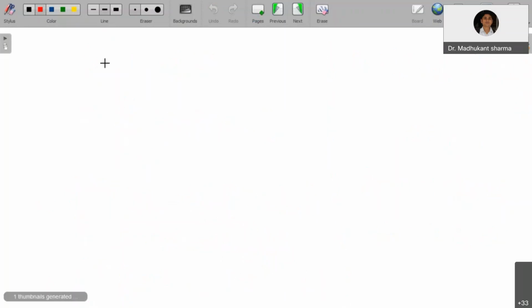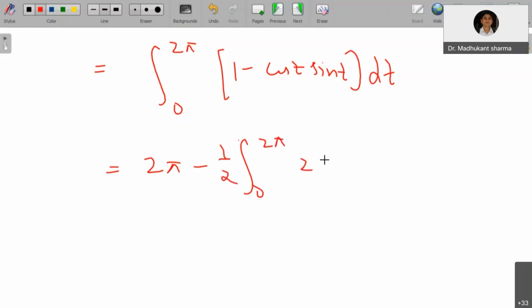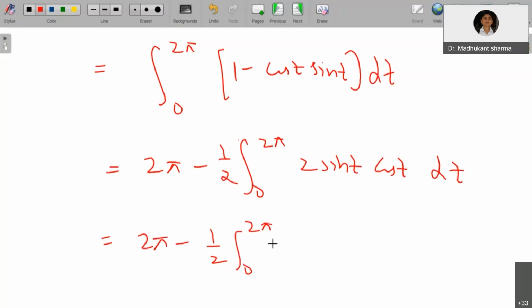This is equals to the integral from 0 to 2 pi of 1 minus cos t sin t dt. The first term will give you 2 pi, minus the integral from 0 to 2 pi of 1 by 2 times 2 sin t cos t dt. So this is 2 pi minus 1 by 2 times the integral from 0 to 2 pi of sin 2t dt.